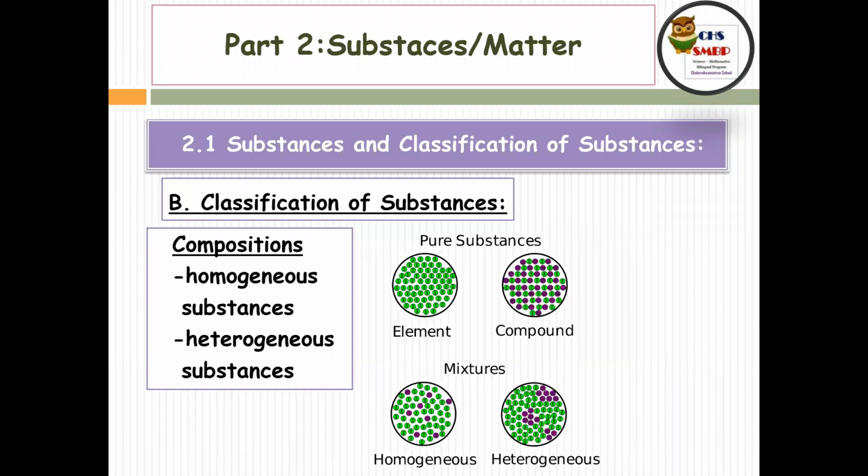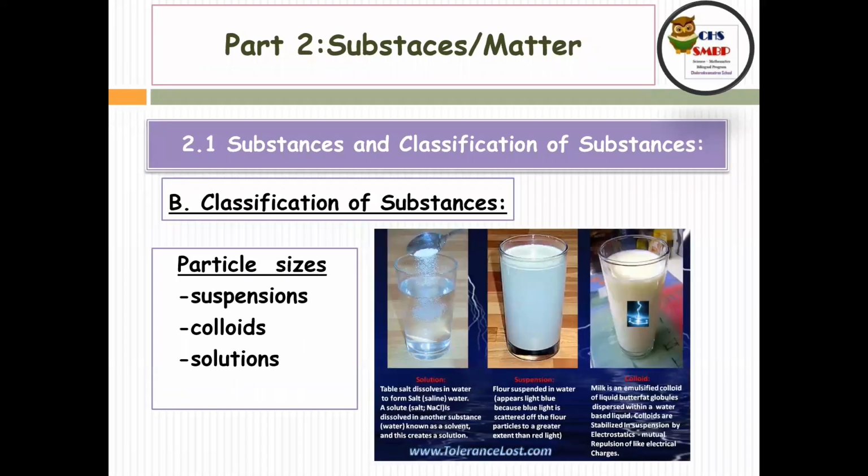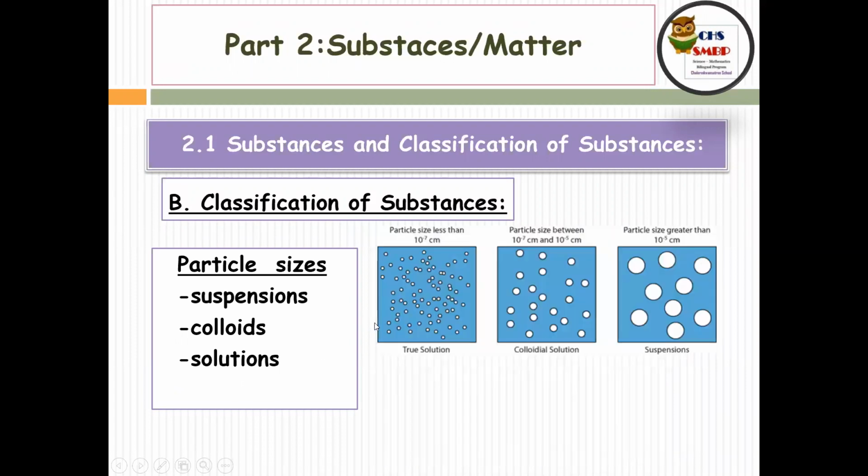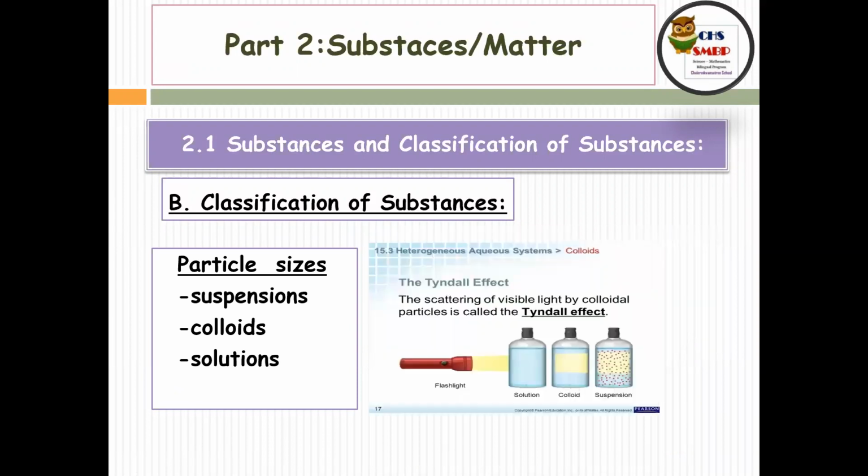Then you see the classification based on compositions, such as homogeneous substances and heterogeneous substances. Then you see particle sizes, such as suspensions. Then you see colloids and solutions. And then we will get to learn in details about the particle sizes of substances.